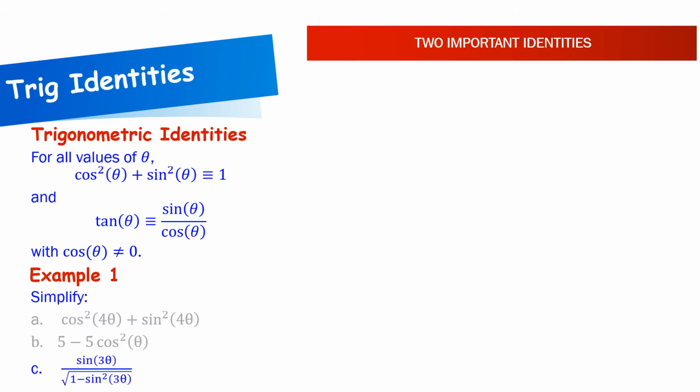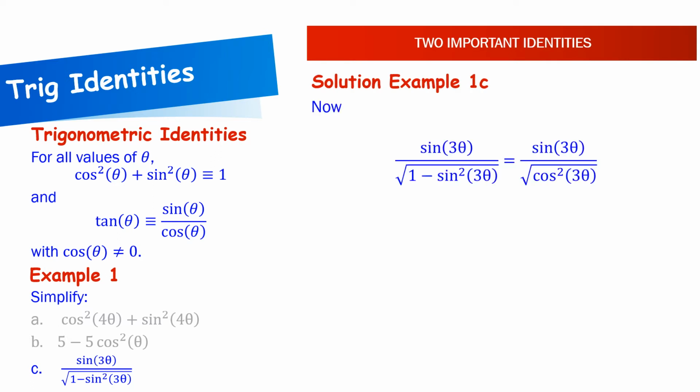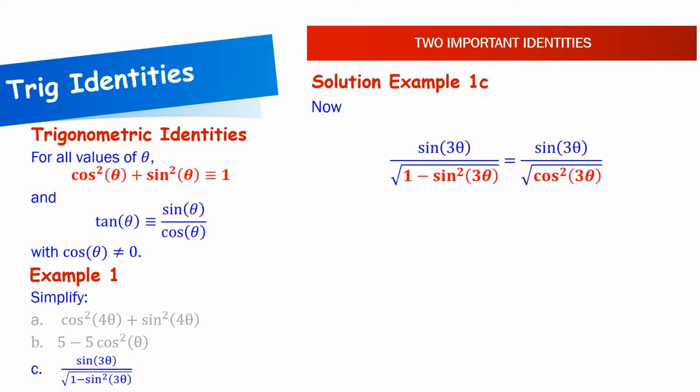And now for example 1c. Let's reorganize this a little bit. The main thing we're going to look at is again 1 minus sine squared 3 theta. Of course, when we rearrange our identity, cos squared plus sine squared is identical to 1, we obtain that 1 minus sine squared is equal to cos squared.